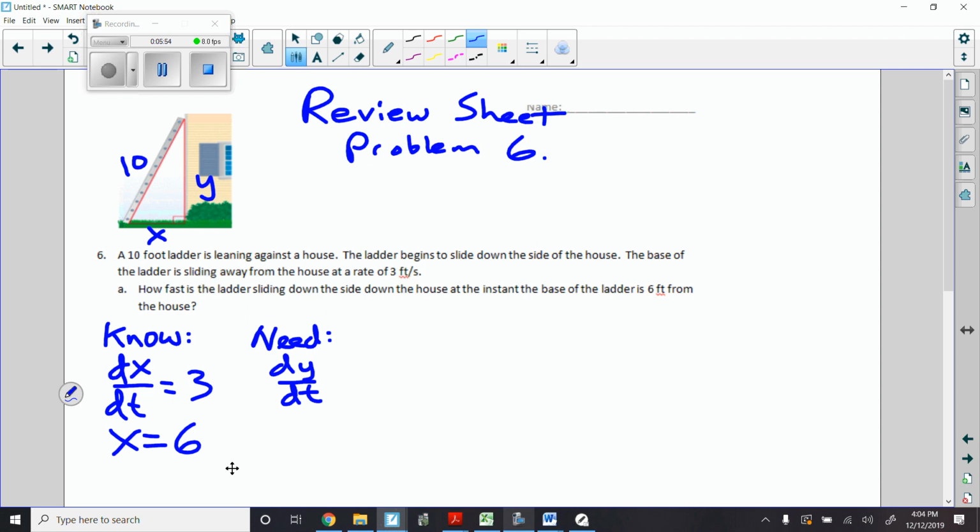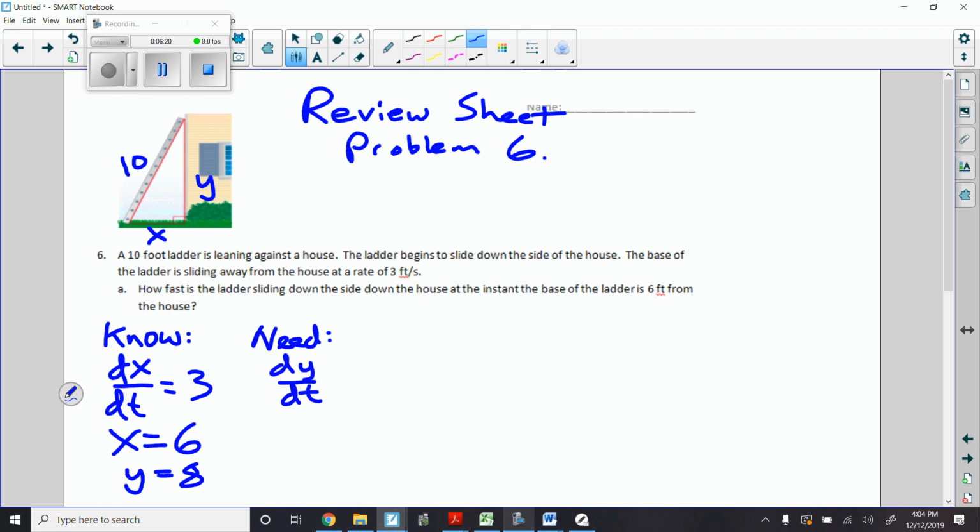So I'm thinking this is a 3, 4, 5 triangle. So the side that's missing is the 4 side, so I have to double that to get y equals 8, for a 6, 8, 10 triangle. If you don't see it that way, you can just use the Pythagorean theorem and do 100 minus 36, and you'll get 64. The square root of 64 is 8.